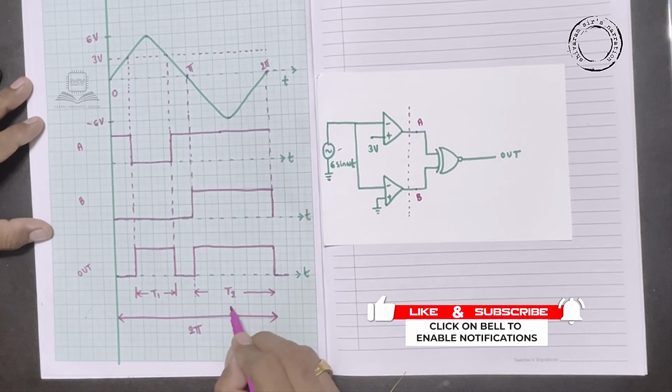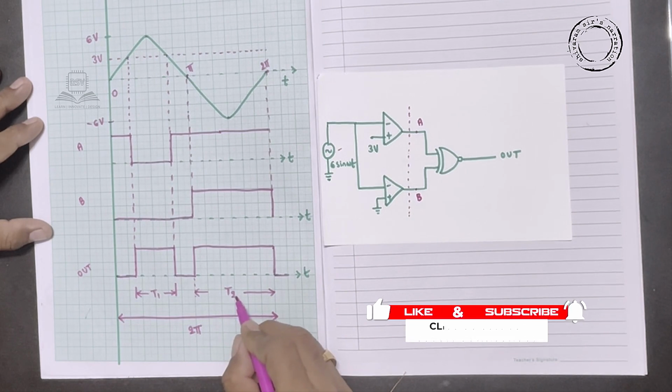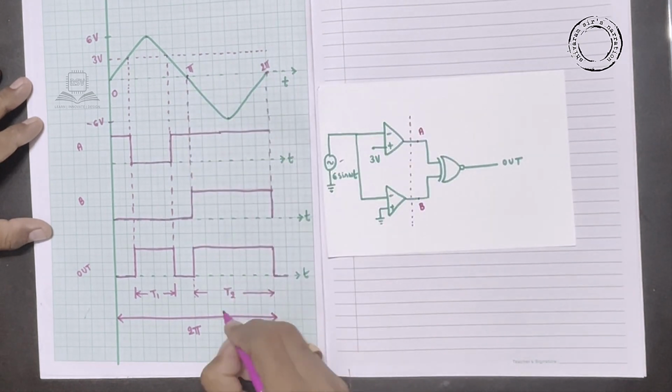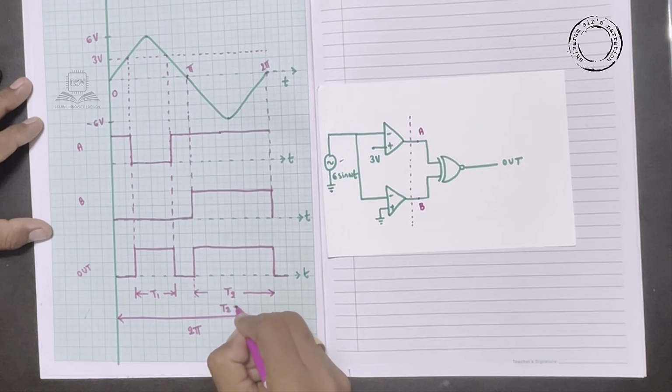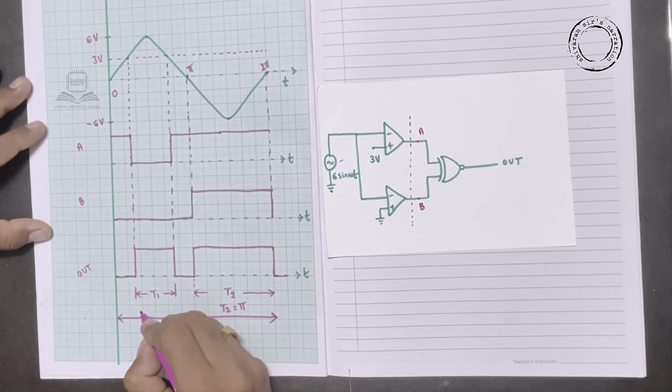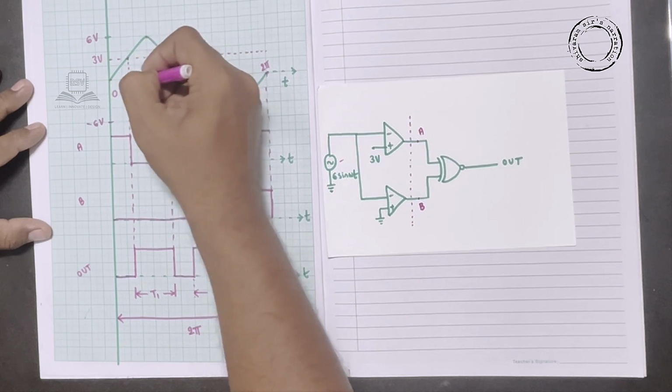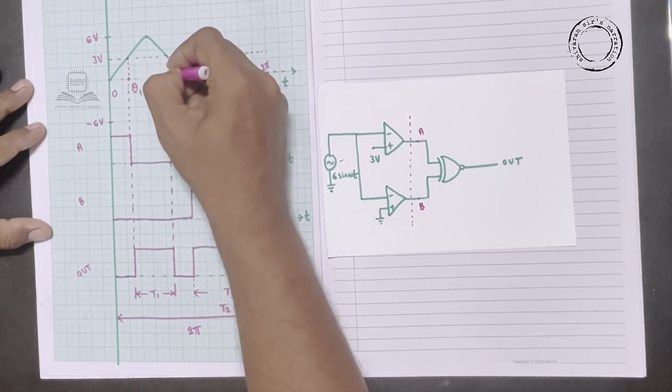Now what is t2? It is one negative half cycle, which means t2 is pi. Now what is t1, we want to know. Let's assume this is theta 1 and this will be theta 2.